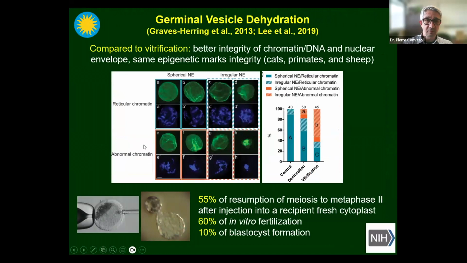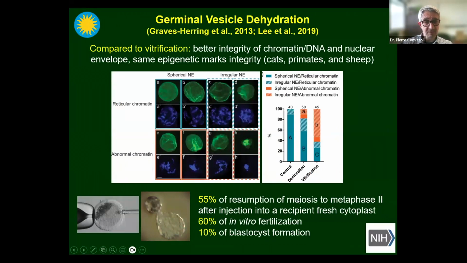Of course, we didn't stop there. We looked at other metrics like the integrity or the shape of the nuclear envelope, also the integrity and the configuration of the chromatin of the germinal vesicle during different drying times. And we always compared with our standard methods of vitrification at ultra low temperature.